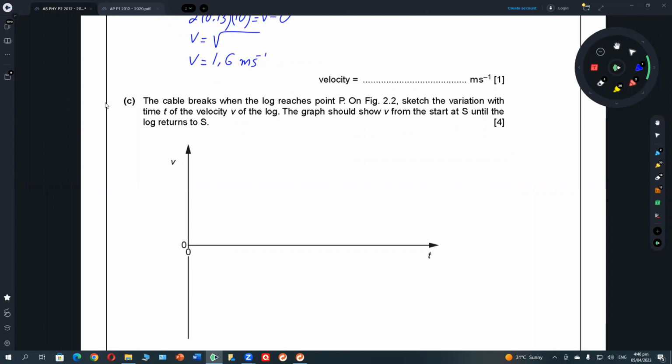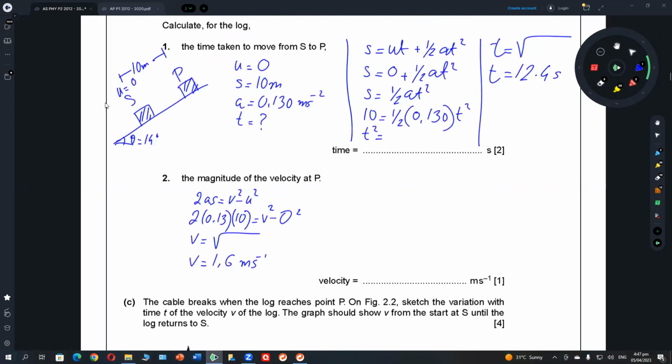The graph should show v from the start at S until the log returns to S. This is a challenging part. He says that you have to draw a graph from S to P and then back to S. Let me know one thing, that when the log reaches point P, the cable breaks.